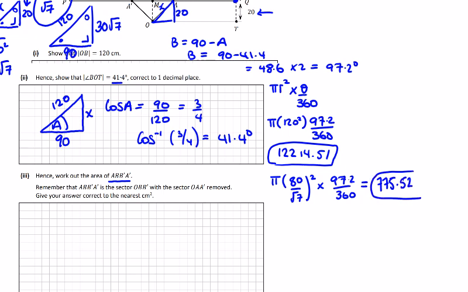And if we want the area of the shaded bit, it's 12214.51 minus 775.52. That's giving 11438.99. So 11439 cm squared for the area of the sector.